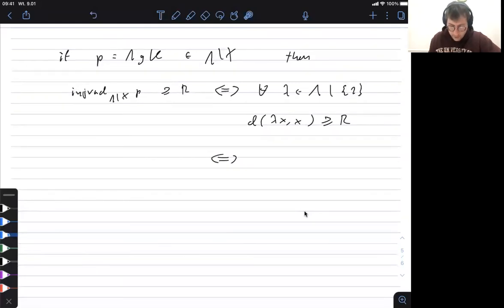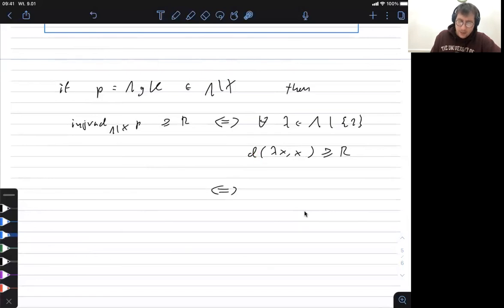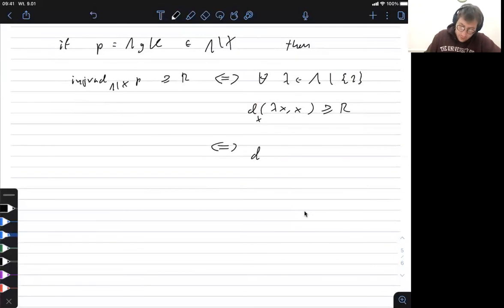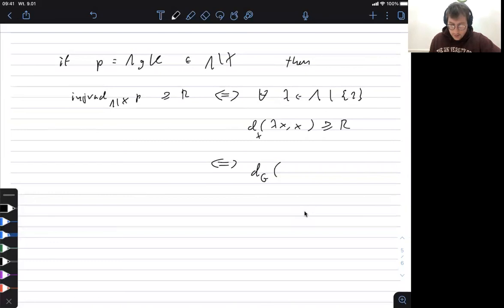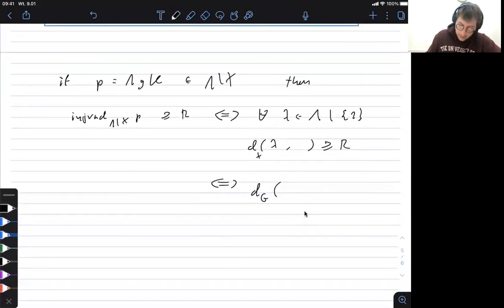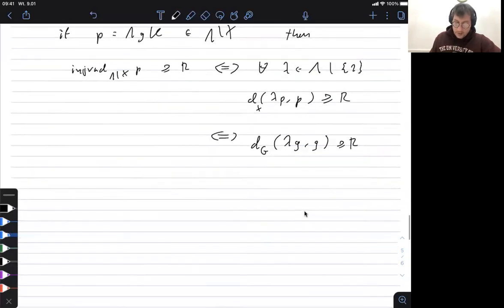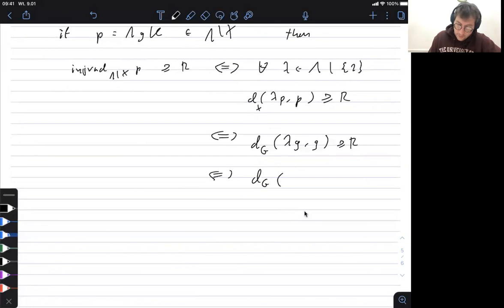Instead of working in the symmetric space, I can pull back this metric to G. So this is a metric on X, and I can pull it back to G. This would say that the displacement, the distance from lambda g to g, is bigger than R. But then this just means that the distance, in the geometric metric, from the conjugation of lambda by g to 1 is bigger than R. And this holds for every lambda in Lambda without the identity.